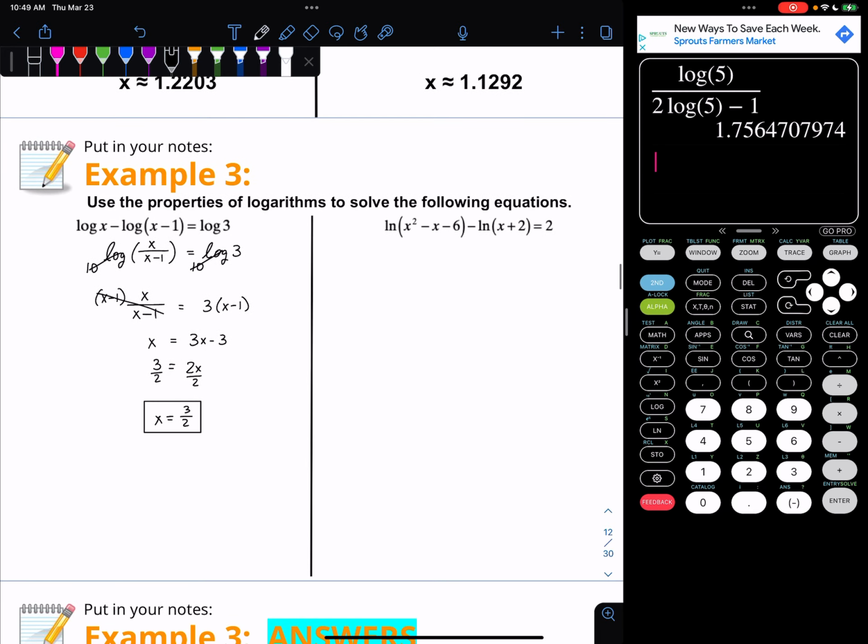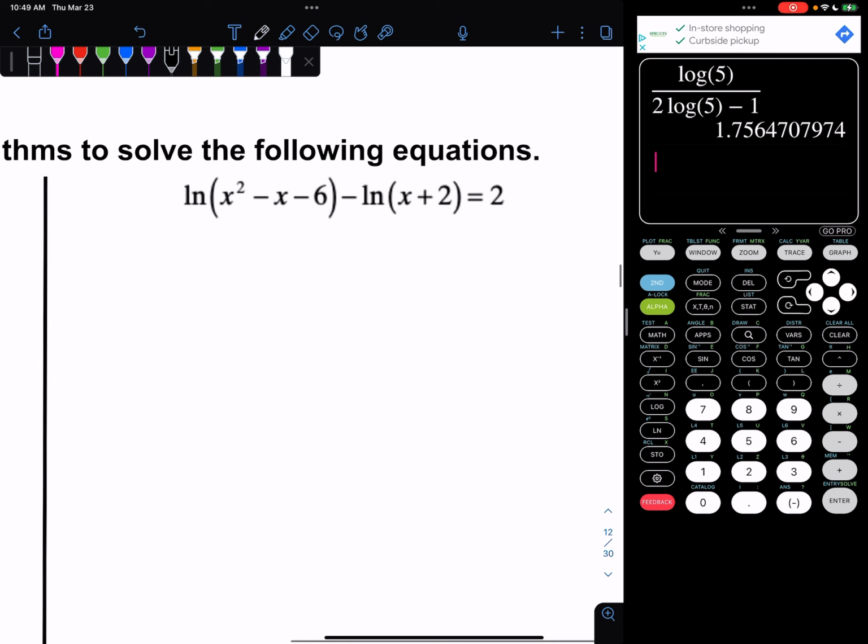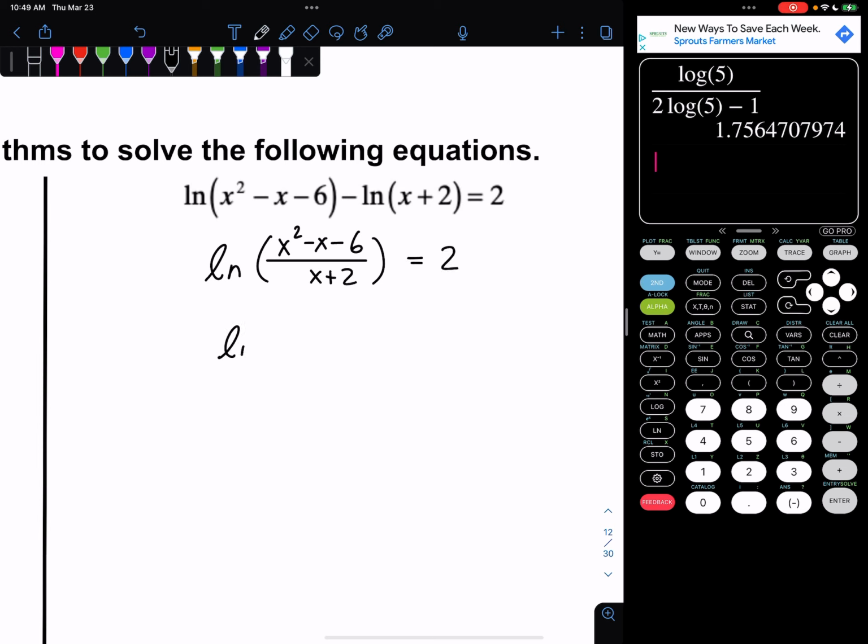All right, the one on the right is going to be similar to begin with. You're going to have to write out that fraction first, except it's a natural log. ln of something over something here. So x squared minus x minus 6 over x plus 2 is equal to 2. So this is really the natural log of, what do we have here?